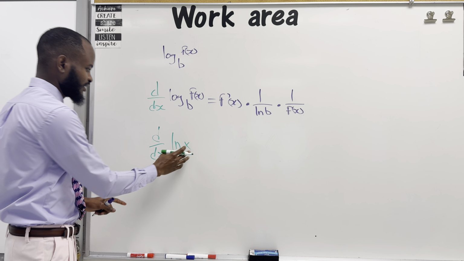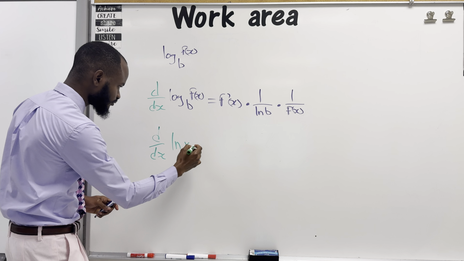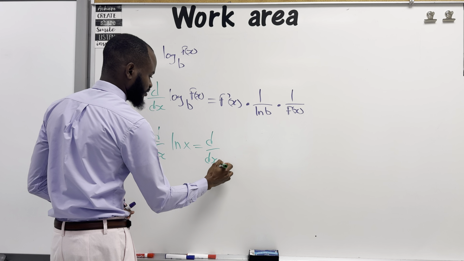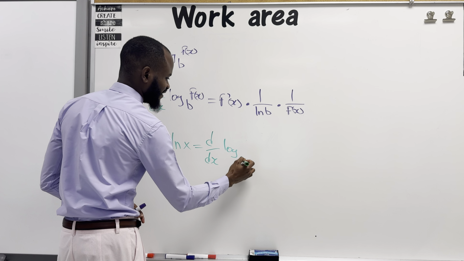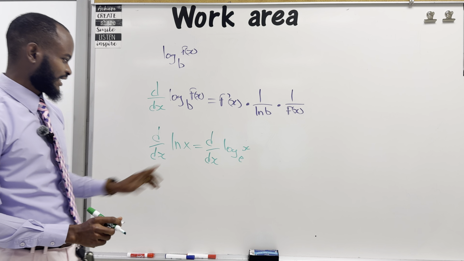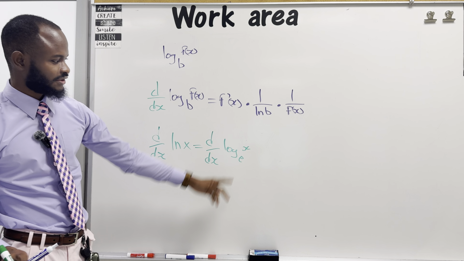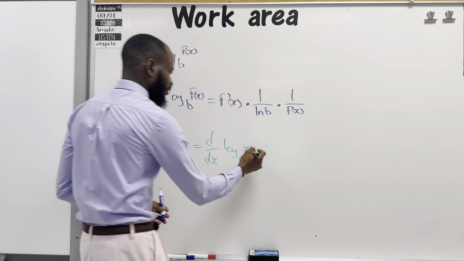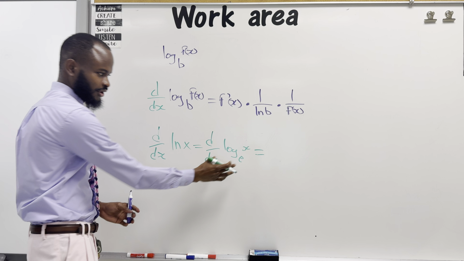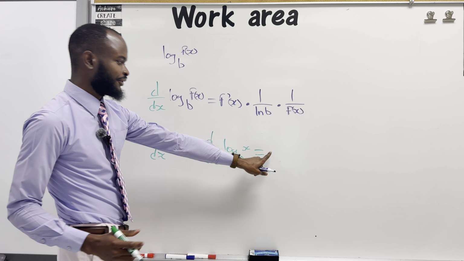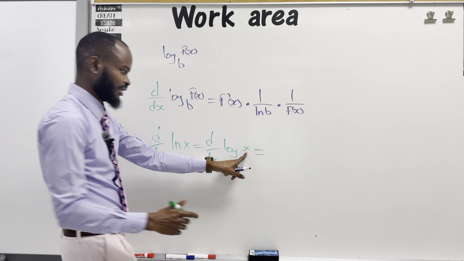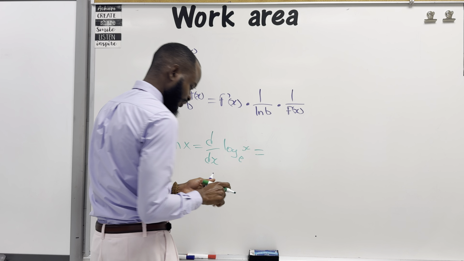This is equal to d by dx of log base e of x. Now we use the three-factor derivative. We take the derivative of the argument. The argument here is x, so the derivative of x is just 1.